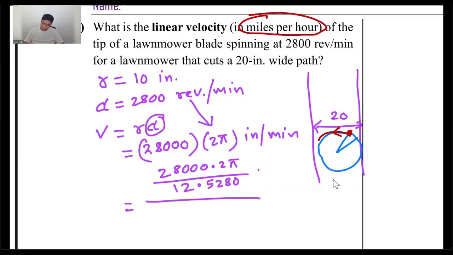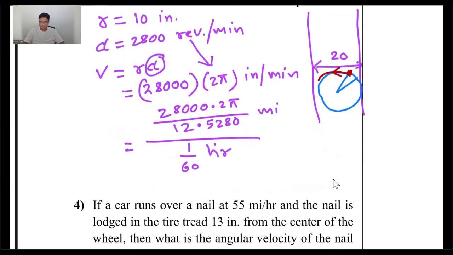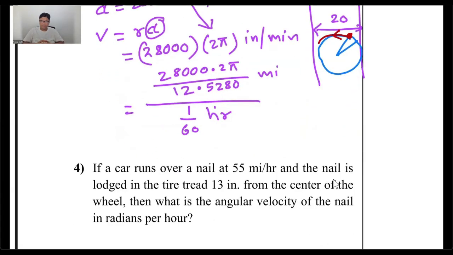And the denominator, you have 1 minute. You need to convert to hours. So what do you do? You replace that with 1 over 60 hours. 1 minute is 1 over 60 hours.